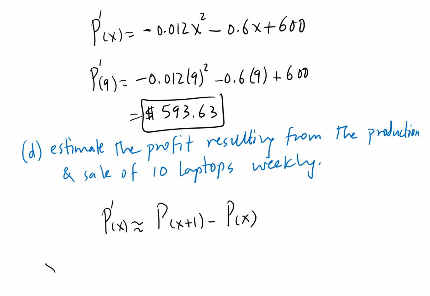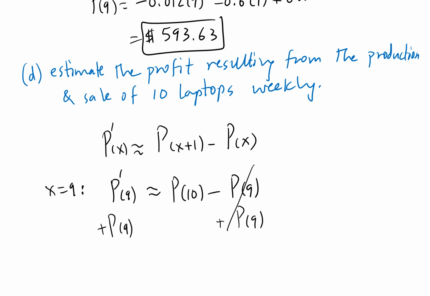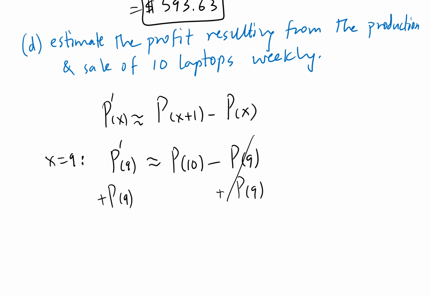And remember, x is given as 9. So if you substitute that in, P prime of 9 is about P of 9 plus 1, which is 10, minus the profit at 9. They want us to estimate for 10. So if we add P of 9 to both sides, that gives us P of 10 is about P prime at 9 plus P at 9.